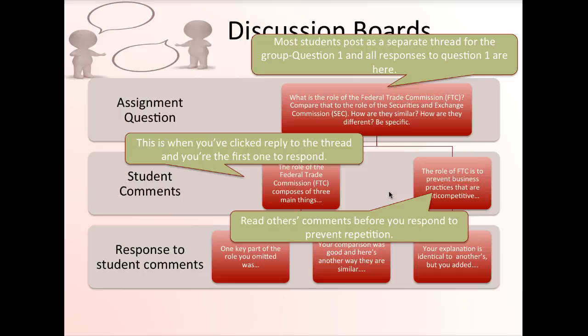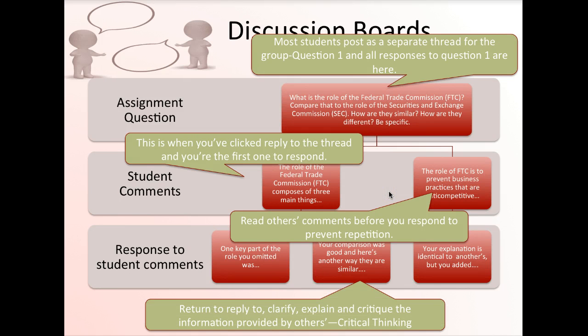So one key part of the role you omitted was, that might be a reply. Or your comparison was good and here's another way they are similar, or your explanation is identical to another's but you added. Those are the kinds of responses, so that everyone doesn't, for example, with this question, start with the role of the FTC, blah, blah, blah, and then say the same things over and over again.